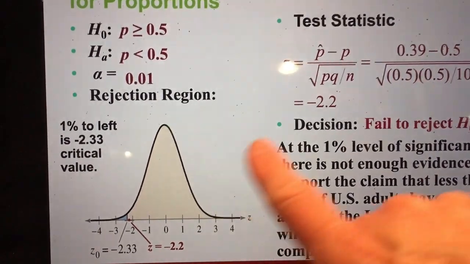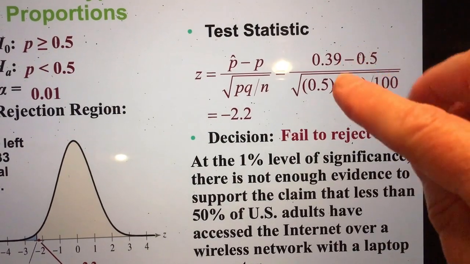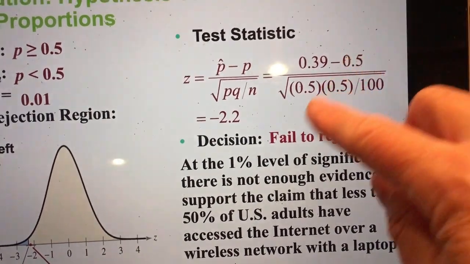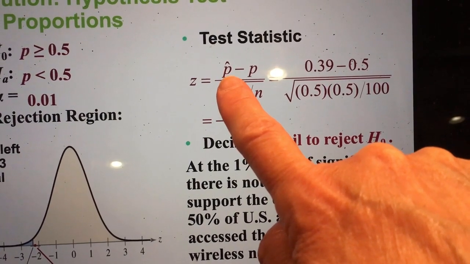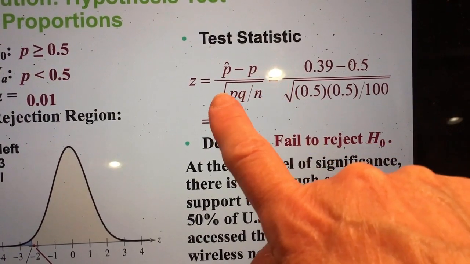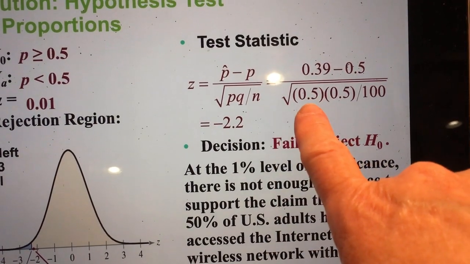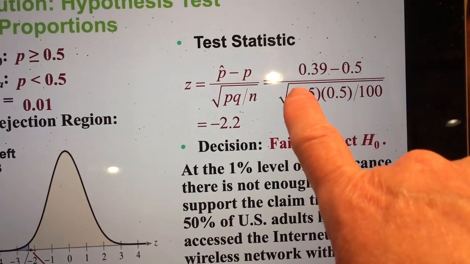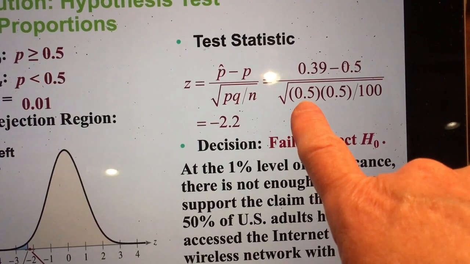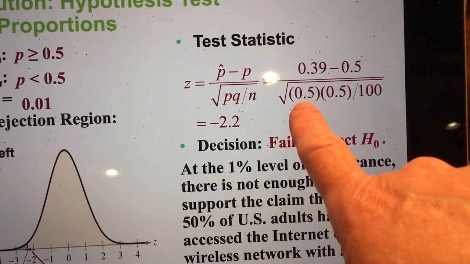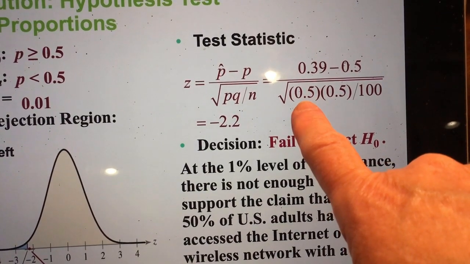And when I go to my test statistic, boy, I'm having a hard time tonight. I have my p hat minus my p divided by the square root of pq over n. Remember, p is less than 0.5, and 0.5 is my decision point there.